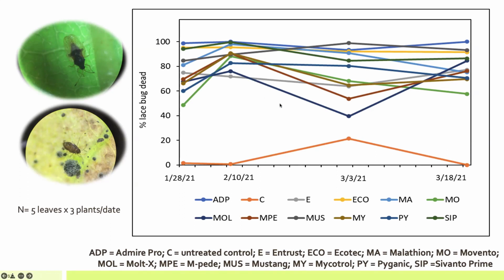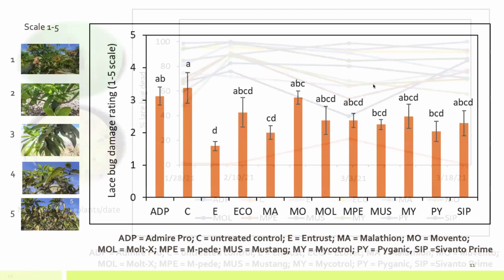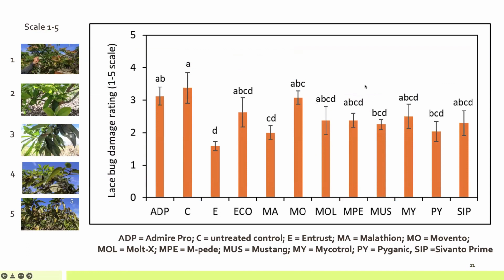You see some drops here and there for some of the other organic products. Like this is Moltex here, Impede, and Entrust. They all seem to be more at the 75 percentile range.